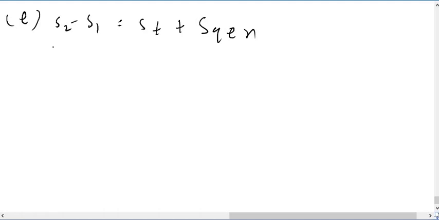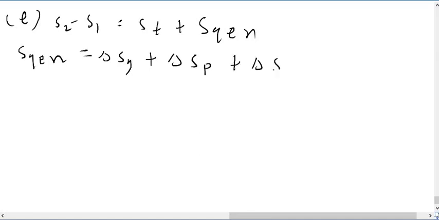So the entropy change of the system, or you can get the entropy generated, which is equal to total entropy. We can say the entropy generated is equal to the change in entropy of the gas plus the change in entropy of the piston plus the change in entropy of the copper.